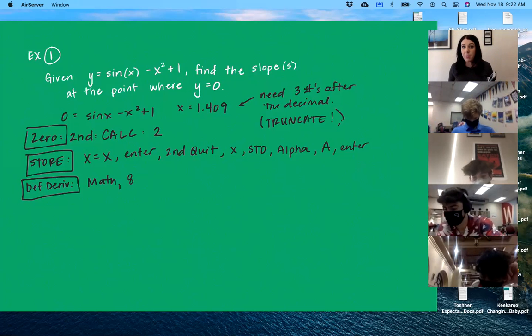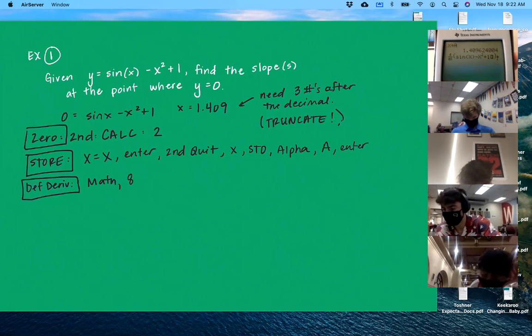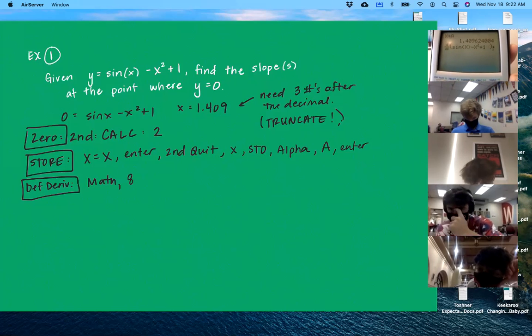Then I'm going to type in my equation. So my equation is sine of x, don't forget to close the parentheses on the x, minus x squared plus 1. So now it's D over dx of my equation. Make sure you type that in correctly.